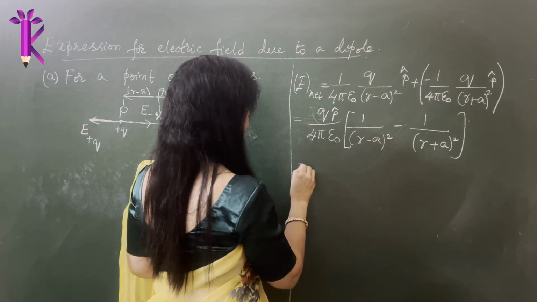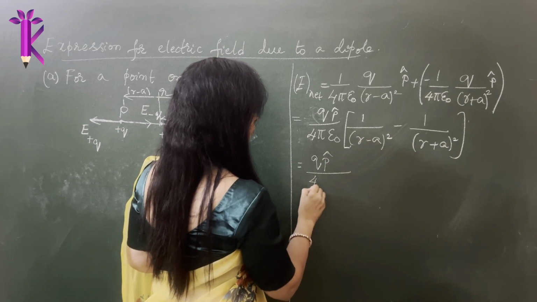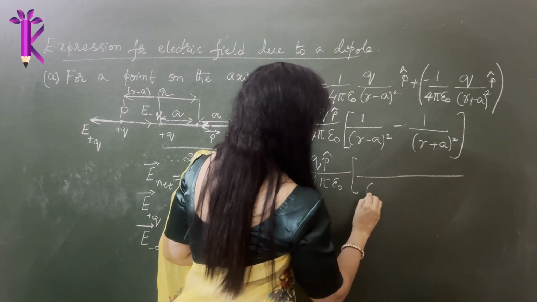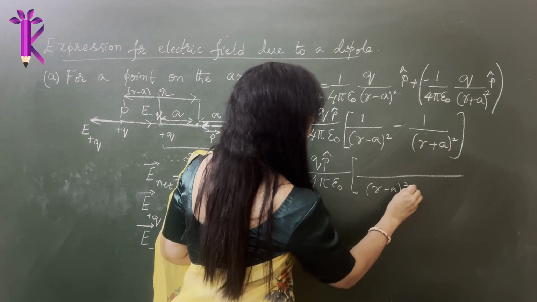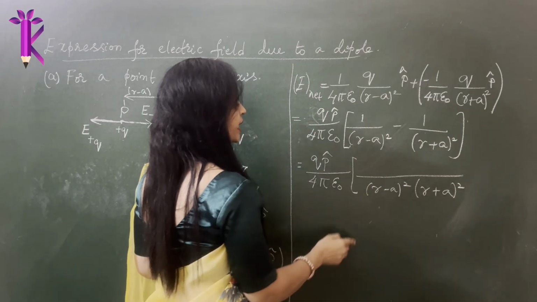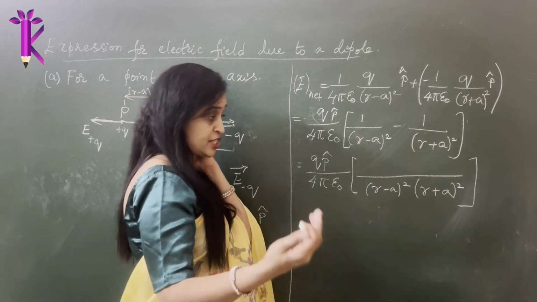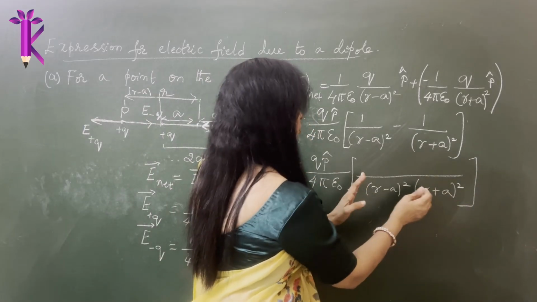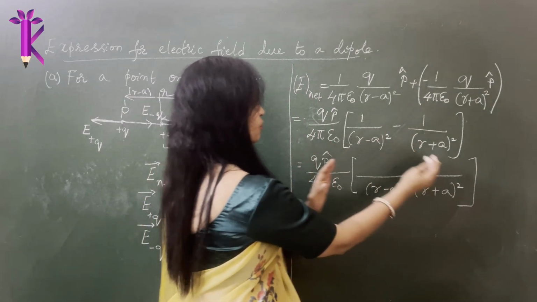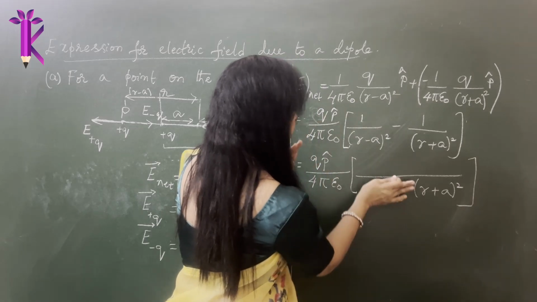You have to take the LCM. So what is going to be the LCM? If you take the LCM, it is going to be r minus a the whole square multiplied by r plus a the whole square. I've already taught you this in the previous sessions. So how do you find it? You take this entire term and multiply it with this. Then r minus a gets cancelled.